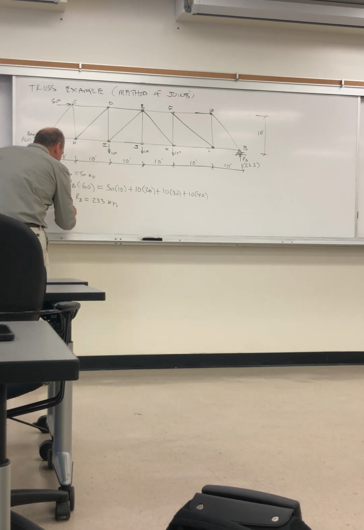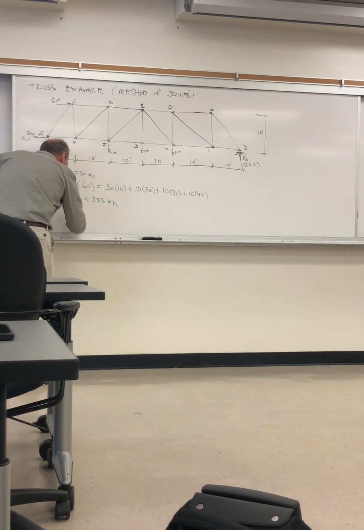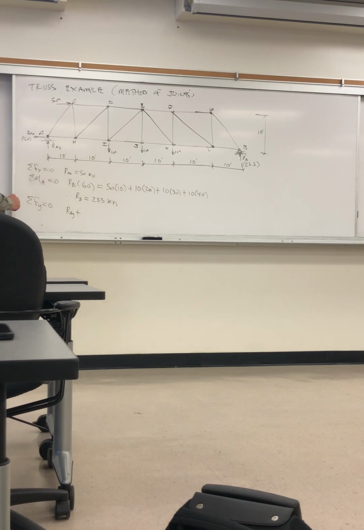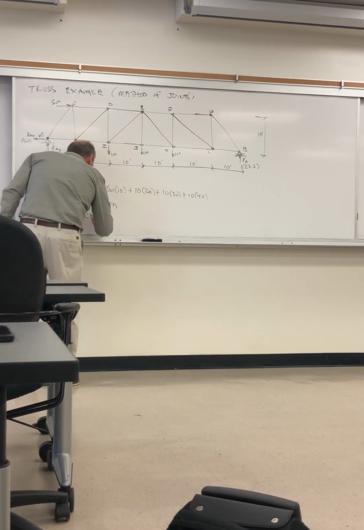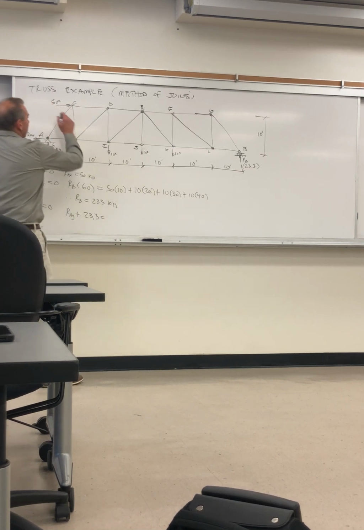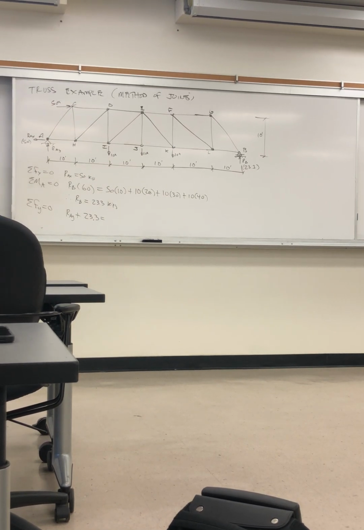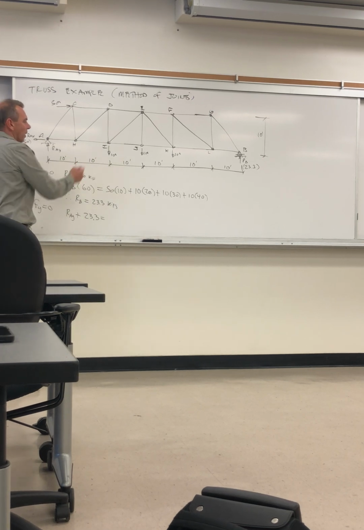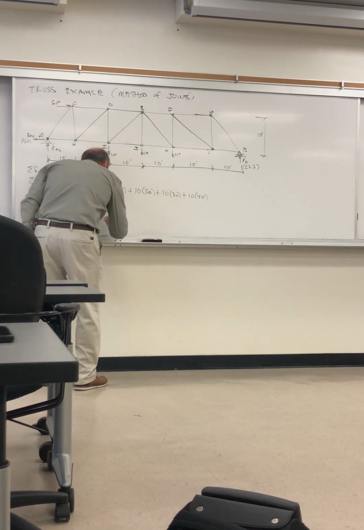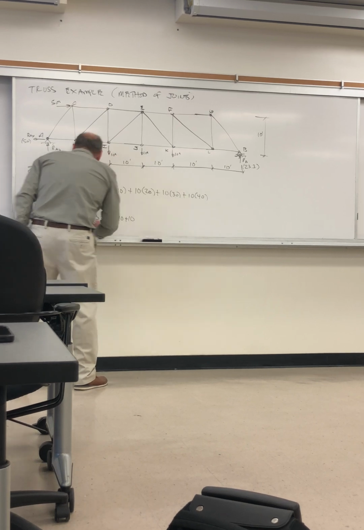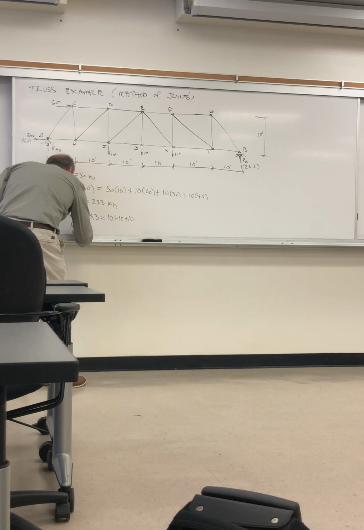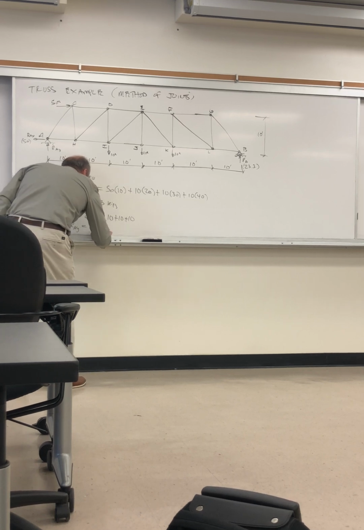So I have R sub AY plus 23.3. Simple, the horizontal force doesn't enter into this, we're just summing the vertical forces, so those two reactions up have to equal 10 plus 10 plus 10, which is 30. R sub AY is 6.7.